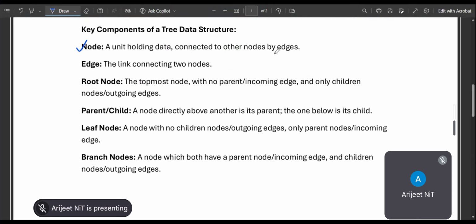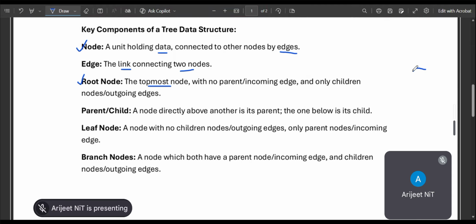Basically a single unit holding data connected by edges. Now what are edges? Edges are the links connecting two nodes. Then comes the root node. The root node is the topmost node with no parent or incoming edge and only child nodes or outgoing edges. Basically, what do I mean by incoming edge and outgoing edge?